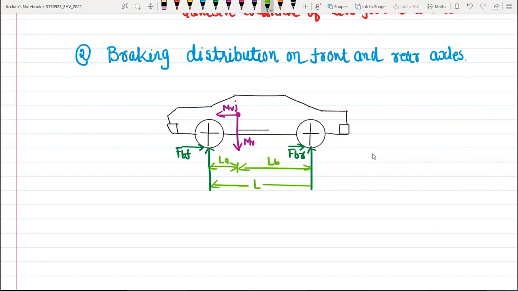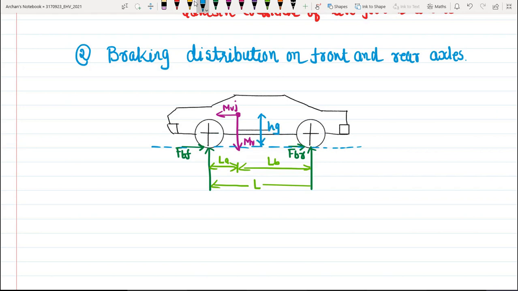And if I talk about the ground clearance, okay, this is our ground clearance, then this will be my height HG.